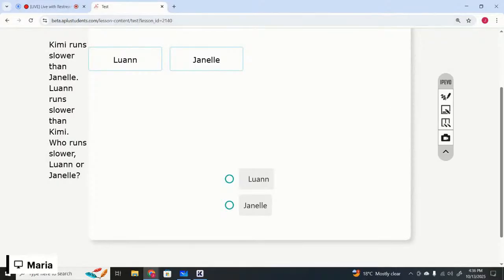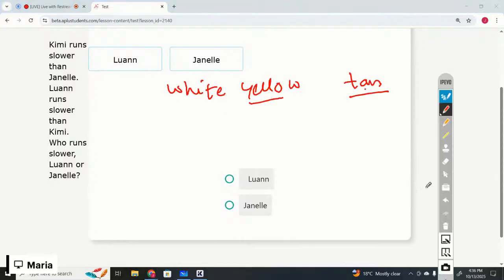Kimi runs slower than Janel. Luan runs slower than Kimi. Who runs slower, Luan or Janel? Kimi runs slower than Janel.